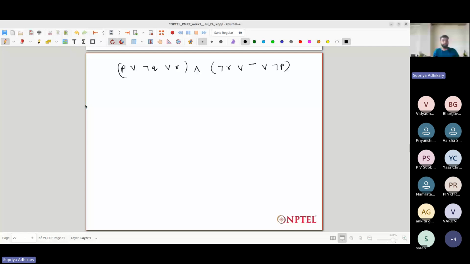Okay. Now, as an example, we can find the dual of this C star again.